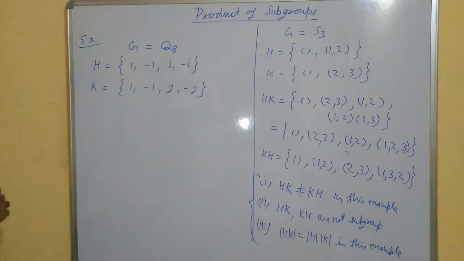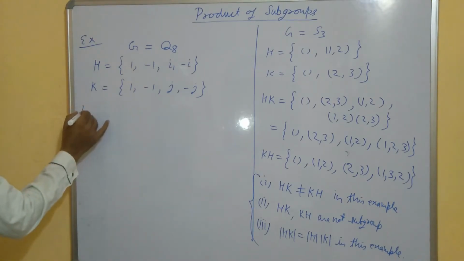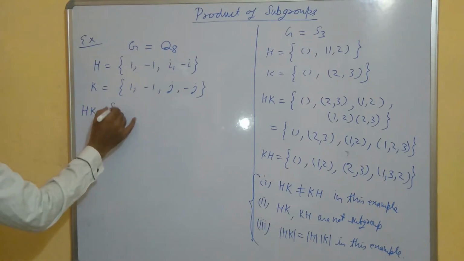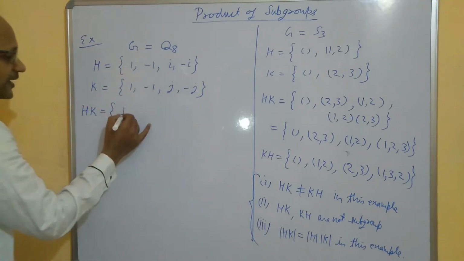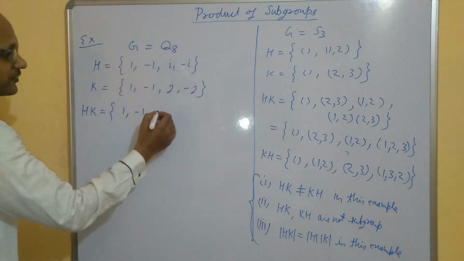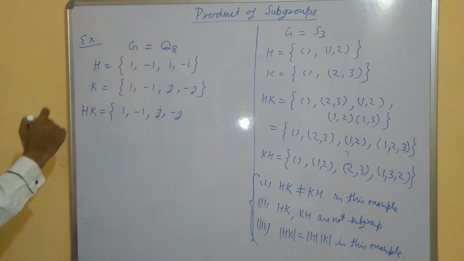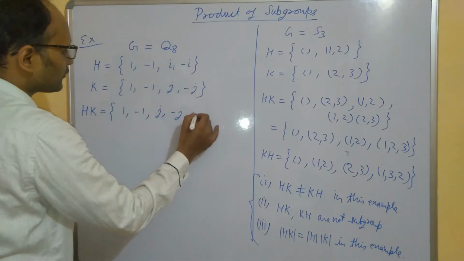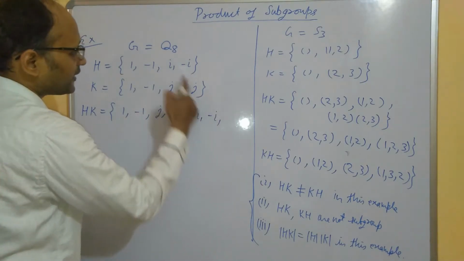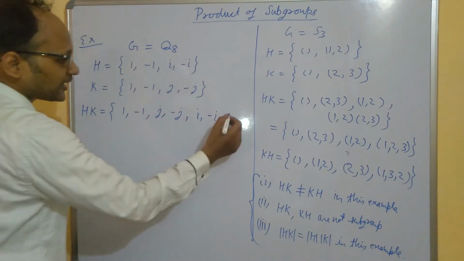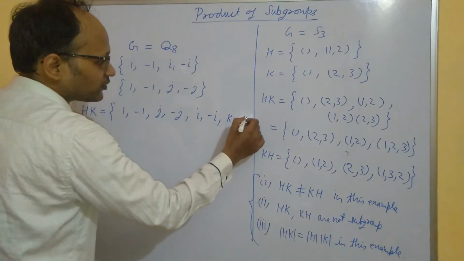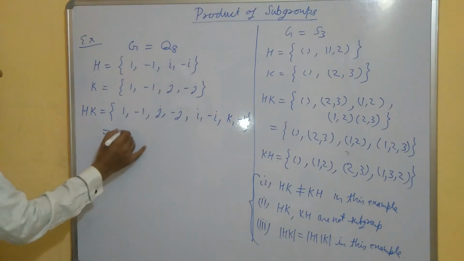So I take two subgroups and let us determine what is HK. Let us multiply all these: 1 times everything, -1 times everything gives the same thing, then i, -i, and when you multiply these two you will get k and -k. So this is the whole Q8.